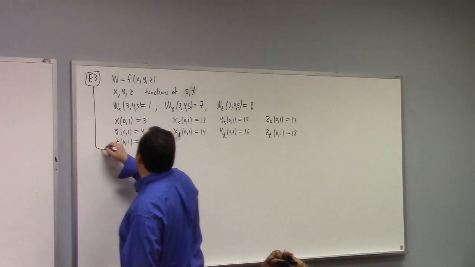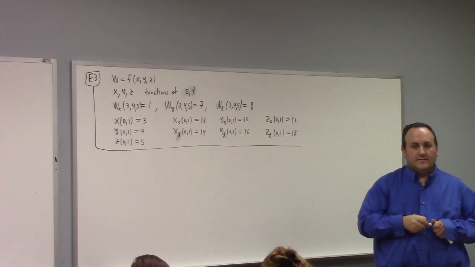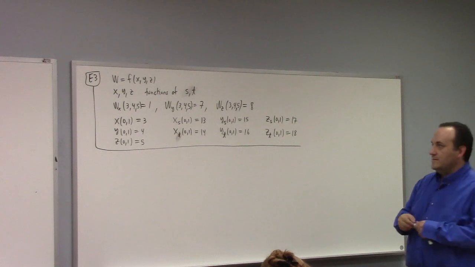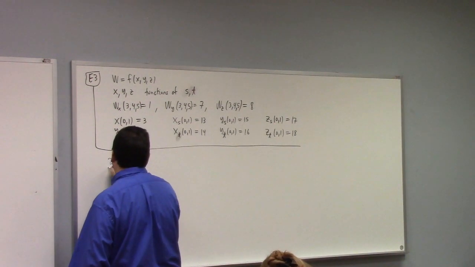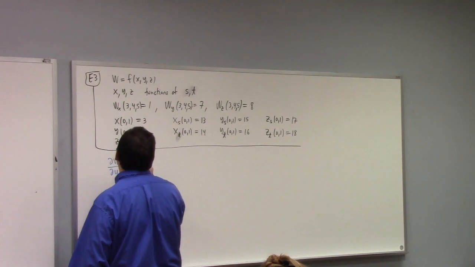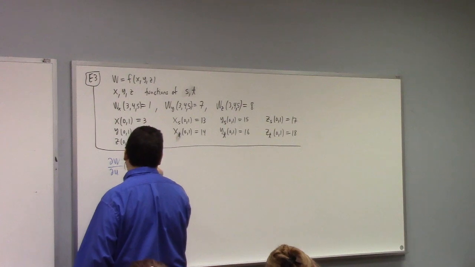All right, so now that we have all of this horrible data, we can calculate partial w, partial u, when u is equal to 0 and v is equal to 1.